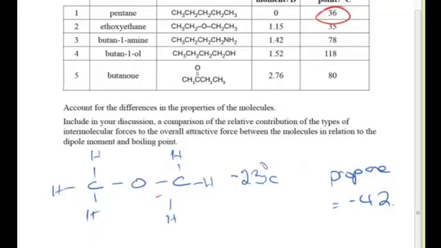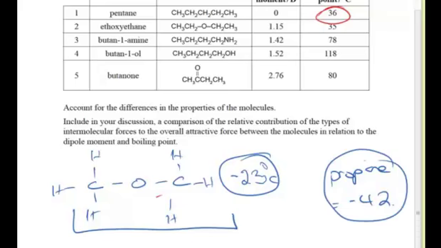Now, before we start talking too much about ethoxyethane, which is also known as diethyl ether, if we look at dimethyl ether here, this is a boiling point of minus 23 degrees, whereas propane has a boiling point of minus 42 degrees.